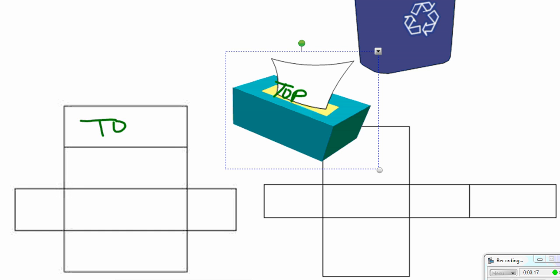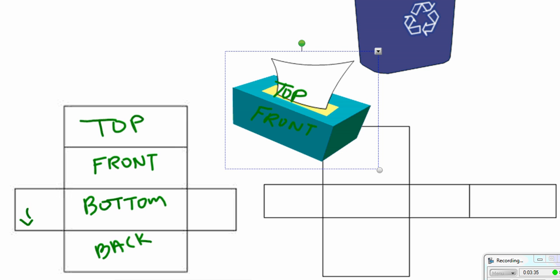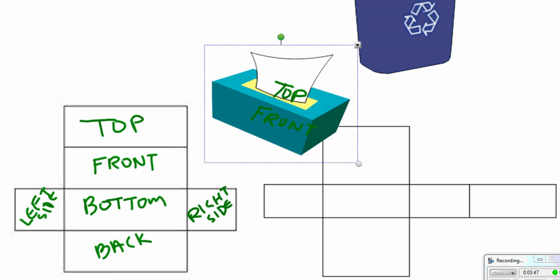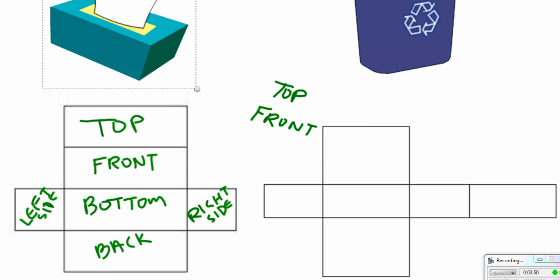So this is the top. And then we have the front. So this is the front. And if we're continuing around, we would be underneath. And so then we have the bottom of the box, and then the back of the box, and then the left side, and then the right side. So that's one way to make a net for a rectangular prism, such as the Kleenex box.